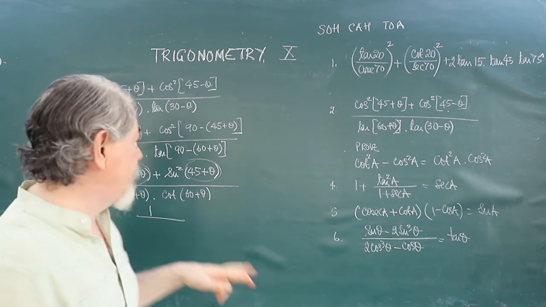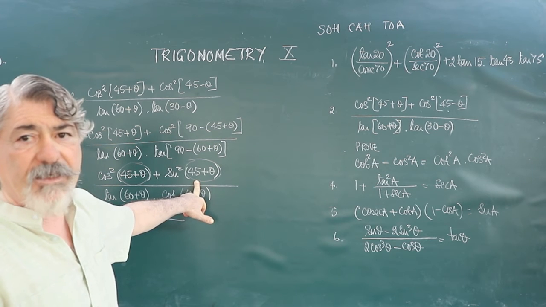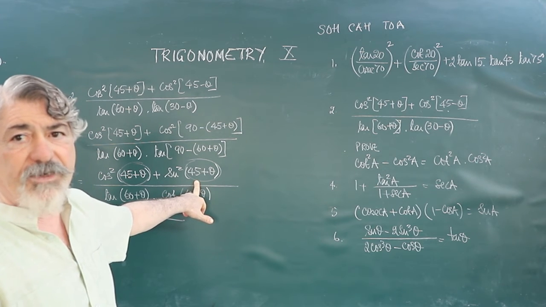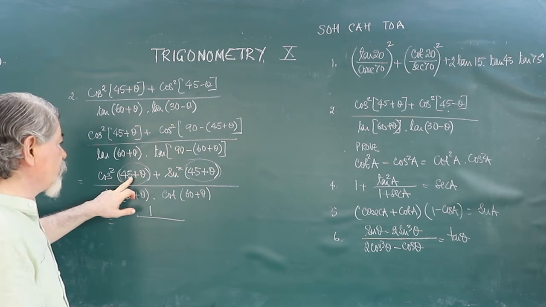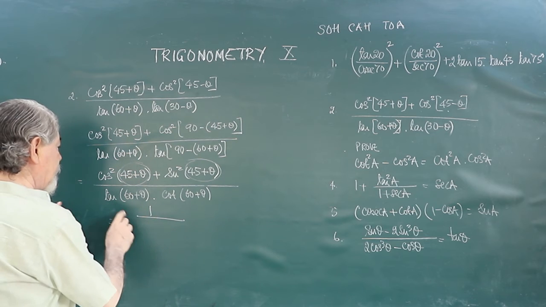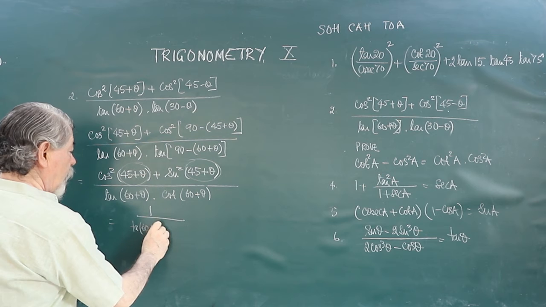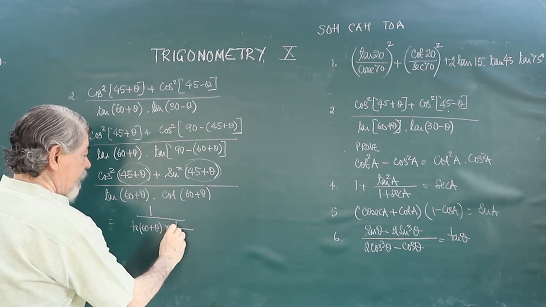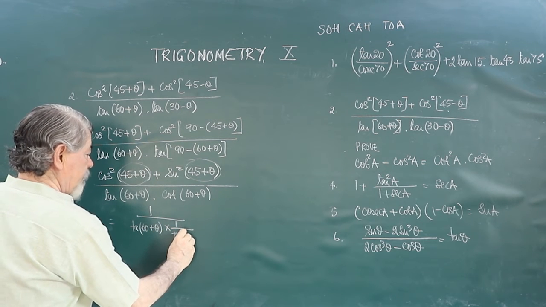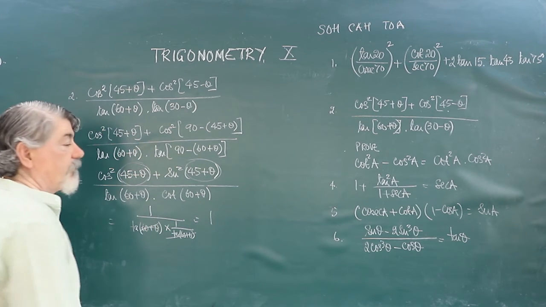Instead of theta, I can say cos square A plus sine square A, where A is 45 plus theta. So it will become cos square A plus sine square A is equal to 1. Here it is tan 60 plus theta. And cot, again I can write 1 upon tan 60 plus theta. So they will cancel. So the answer will be 1.